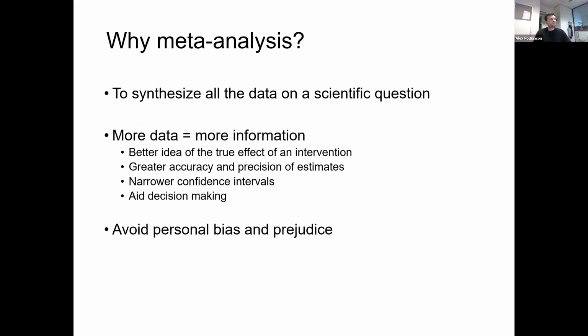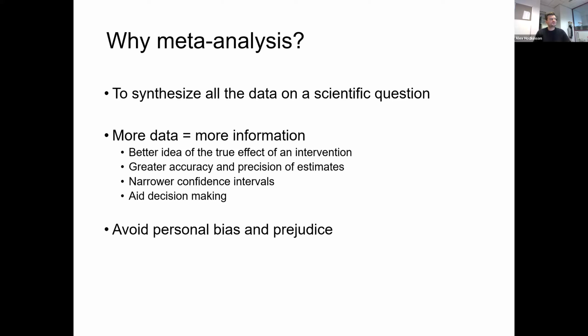So why do we conduct a meta-analysis? Well, when we have a scientific question in position, we find that in terms of the evidence-based principle, it's much more ideal to synthesize the evidence in a systematic way. By doing this, we're able to formulate a more structured evidence-based decision-making process.